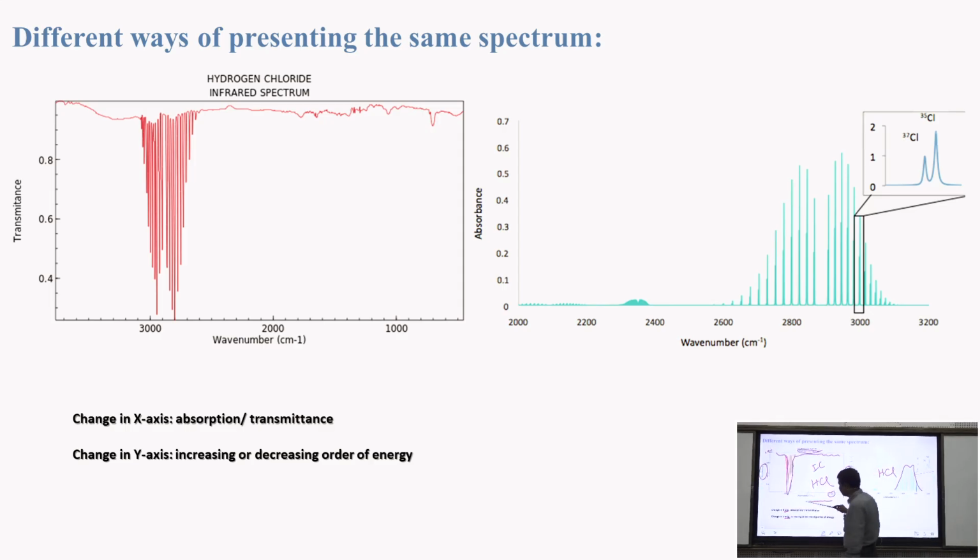From this to this, the energy level increases like this, in wave number. And here, the energy level is increasing like this. So that's why both this axis and this axis changed, and that's why the same spectrum looks different. So the first thing is that you should be used to seeing the axis caption. That is very important in spectroscopy.